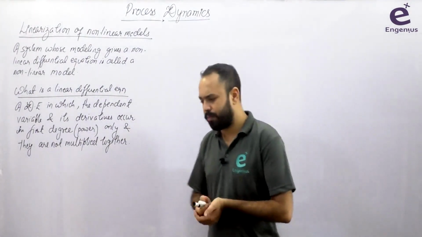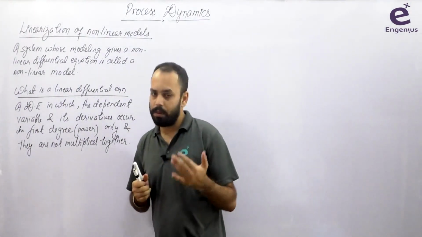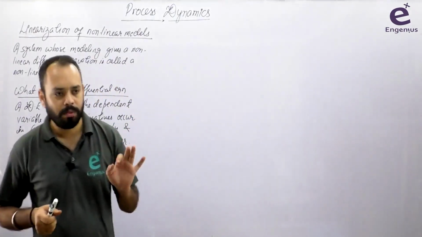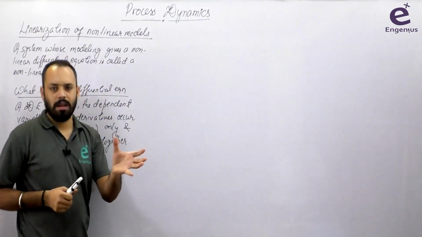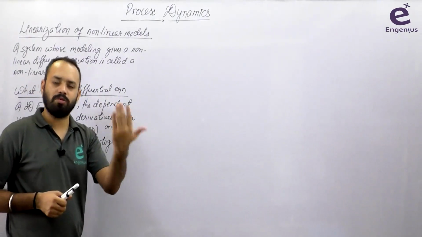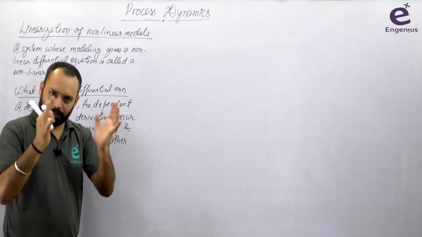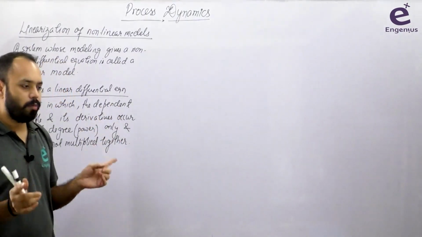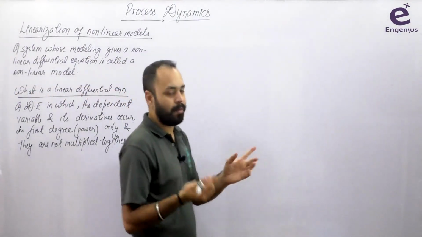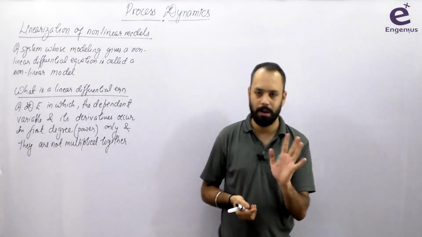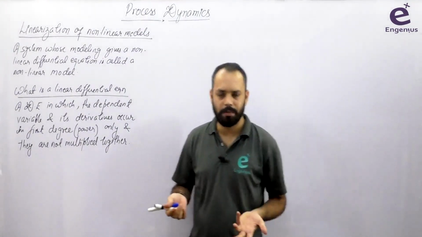In most of our case, dependent is y. So the power of y should always be 1. The power of dy by dx, either it is dy by dx or d square y by dx square or d cube y by dx cube, its degree, its power should always be 1. There should be no multiplication of dependent, I mean y and dy by dx should never be multiplied. X and dy by dx, they can be multiplied, right?